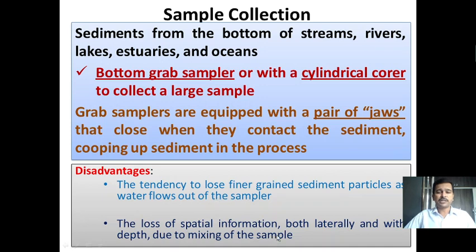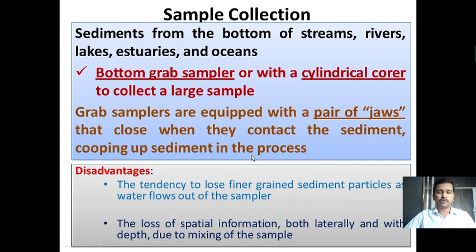And even there is loss of spatial information. Say you have collected the sample upward, the atmosphere which is present at the bottom of the sea will be different from the atmosphere at the place to which you have brought the sample. So both laterally and with depth, due to mixing of the sample with the water, the spatial information will be lost, because the sediment will be coming upward laterally.